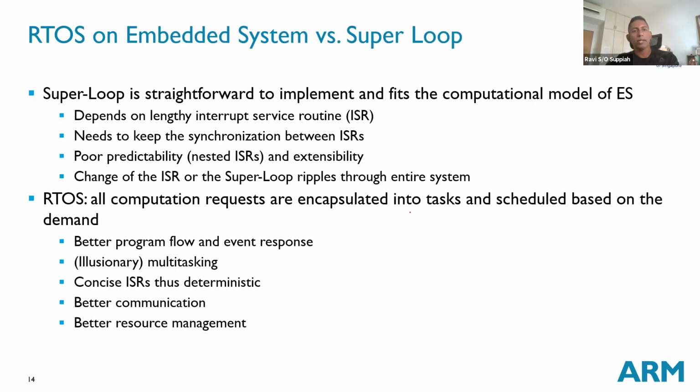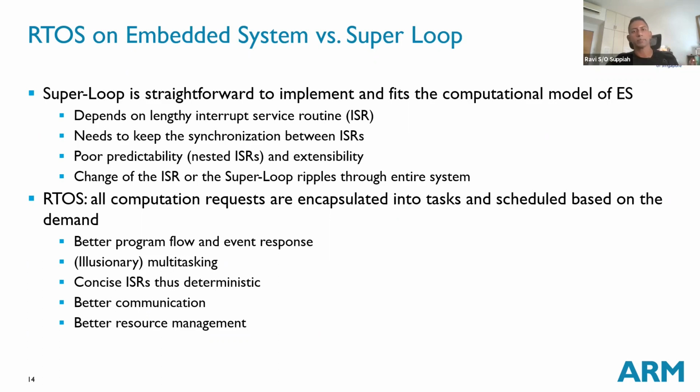The whole idea of RTOS on embedded systems is basically so that we do not need to be limited by the super loop. If you recall the super loop concept that we had with the pothole detector, where you have the GPS decoding and then checking the tables and updating the tables, there's a lot of uncertainty with this super loop, because data might come in at any point of time and you need to process that immediately.